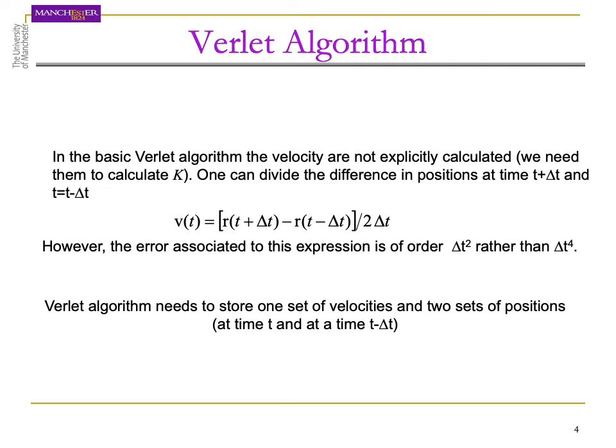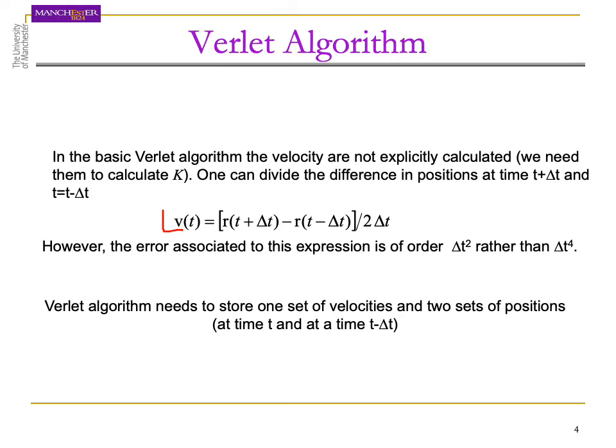In the Verlet algorithm, the velocity is not obtained directly from the algorithm itself. And since we need the velocity to calculate quantities such as the kinetic energy, from which we can obtain the temperature, we need a way to obtain the velocities for the atoms. One way is using this finite difference expression reported here.